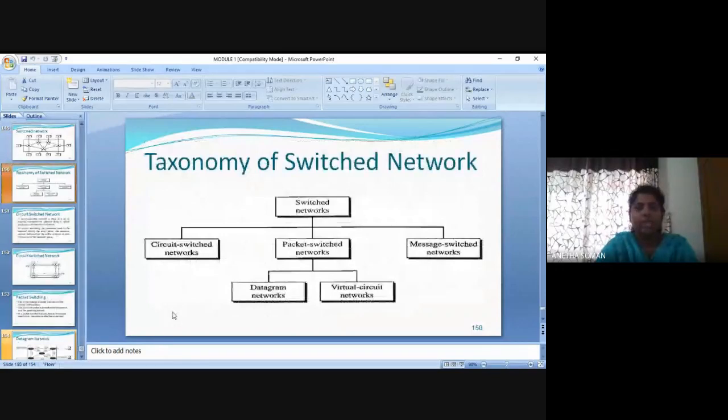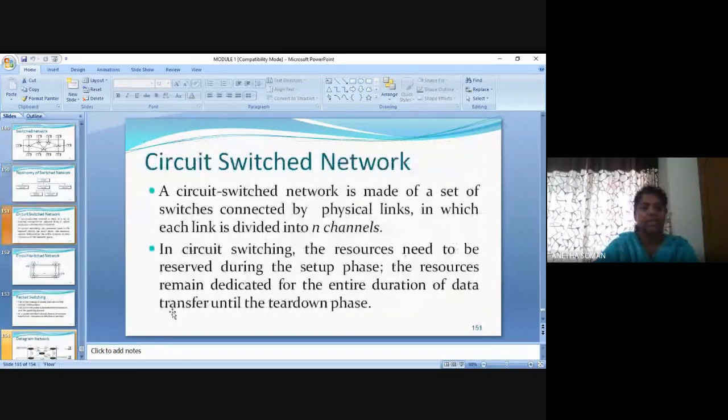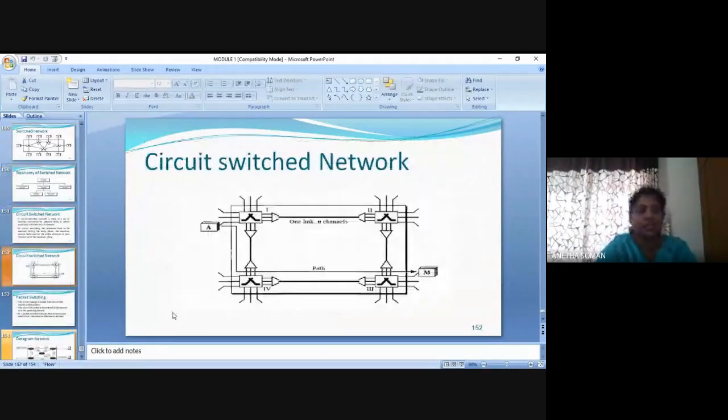Now for circuit switched networks, you can just see the diagram. What is circuit switching? You have already learned in subjects like communication what circuit switched networks are. Switching is a process used to forward the packets coming from one node to another, leading towards the destination. Circuit switching is when two nodes communicate with each other over a dedicated communication path.